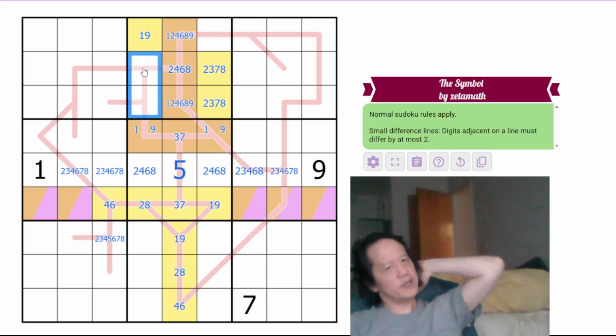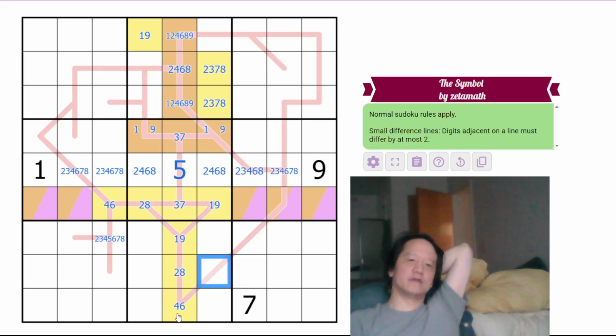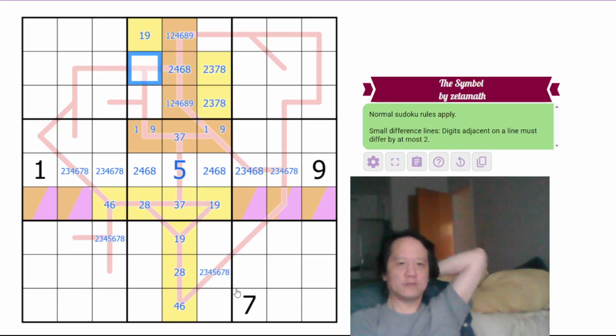Could both of them be here? Possibly. This digit has to be next to 4, 6, so this is 2, 3, 4, 5, 6, 7, 8 also.